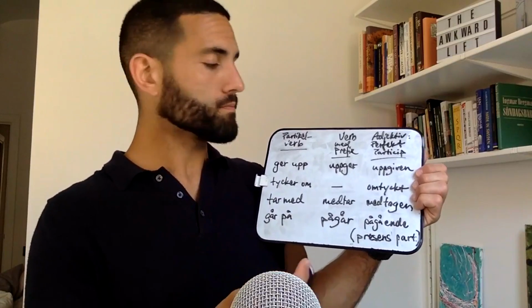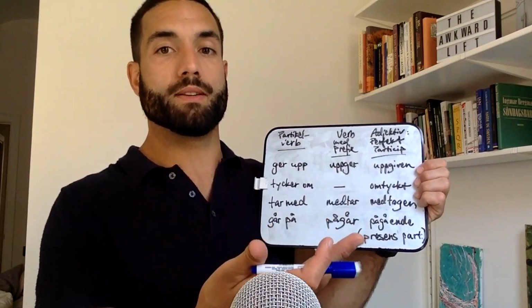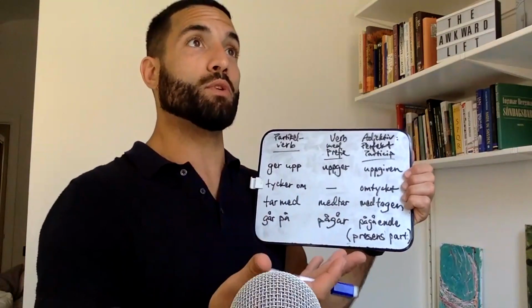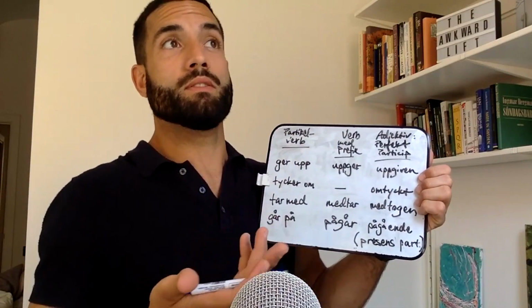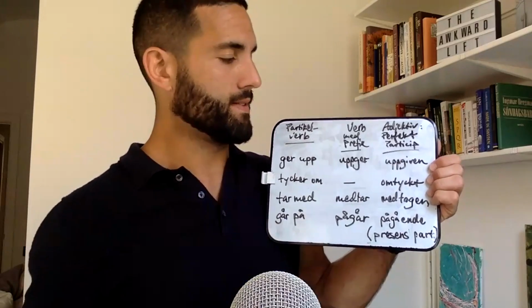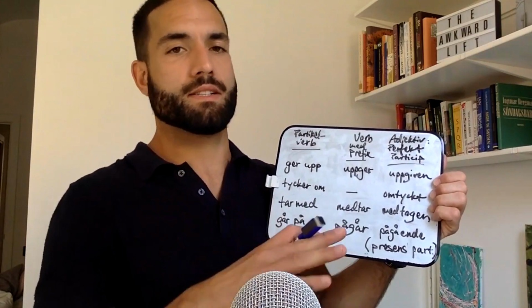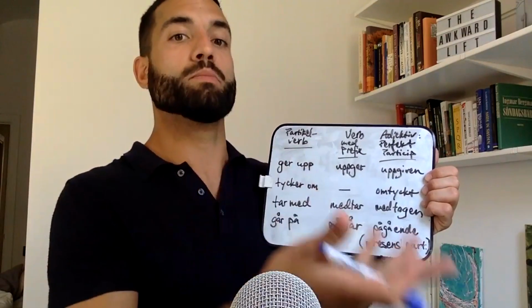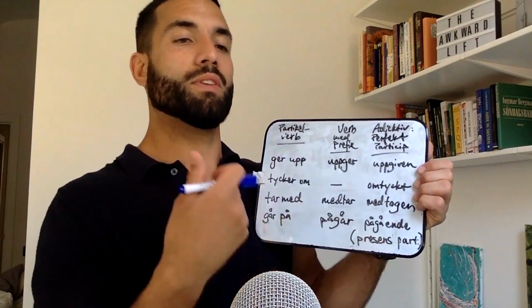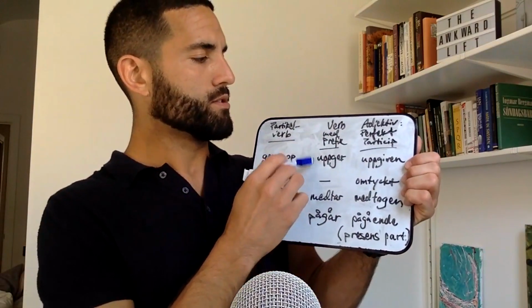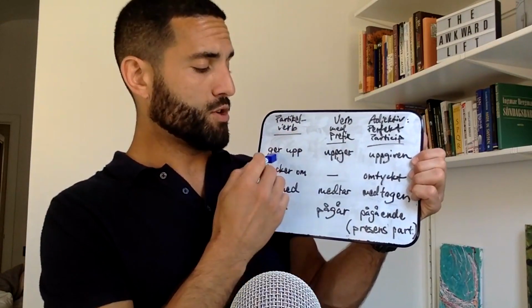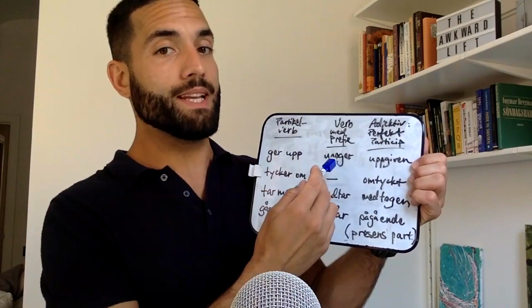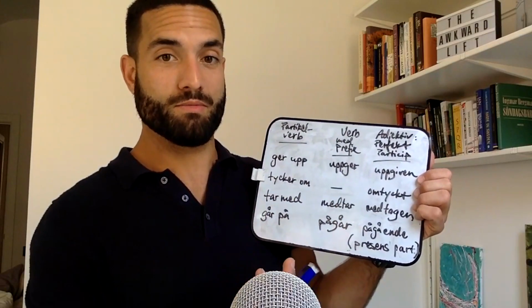Uppge. Uppger uppgifter, like to give your information. Uppgifter, yeah, that's information in this case. It's also tasks, but not in this. When you uppger uppgifter, it's to give information. Okay, so that's a verb with a prefix. So sometimes they can have the same meaning, but sometimes they don't.